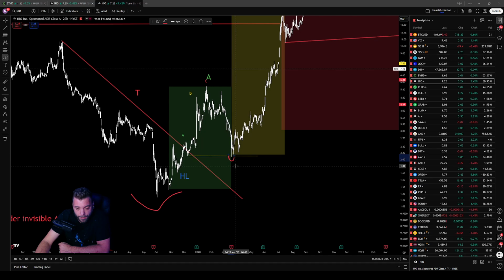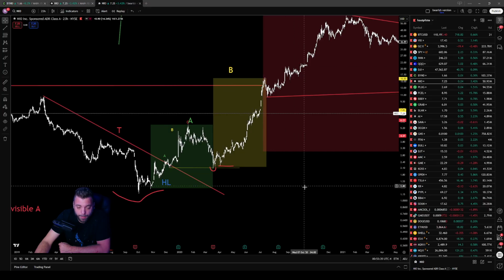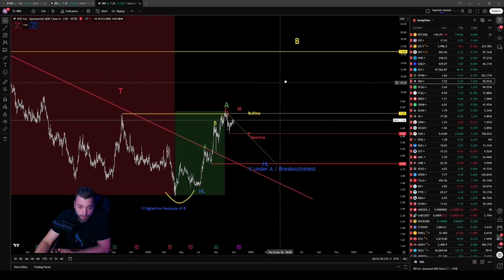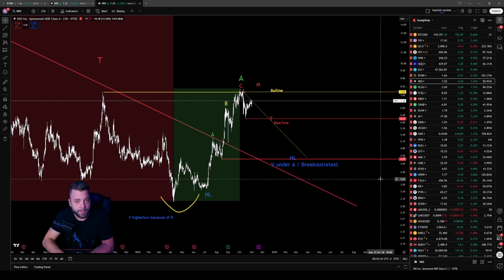This would be a V under A, this would be a high low, and then you go to your B. It's one-to-one to this here. And fractals like to repeat themselves. So I am leaning to this.